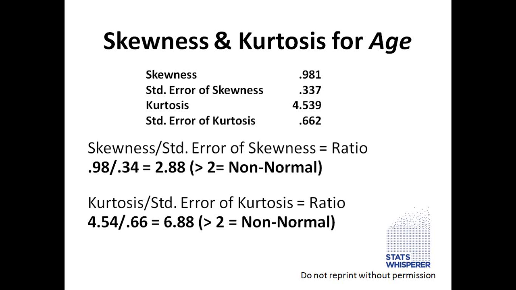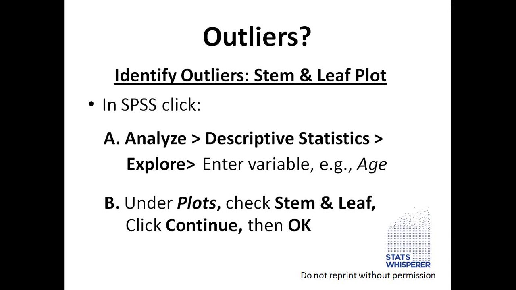So what do we do if we have a non-normal distribution? We say outliers, right? We take a look and want to see if there are any outliers that are making the distribution non-normal.